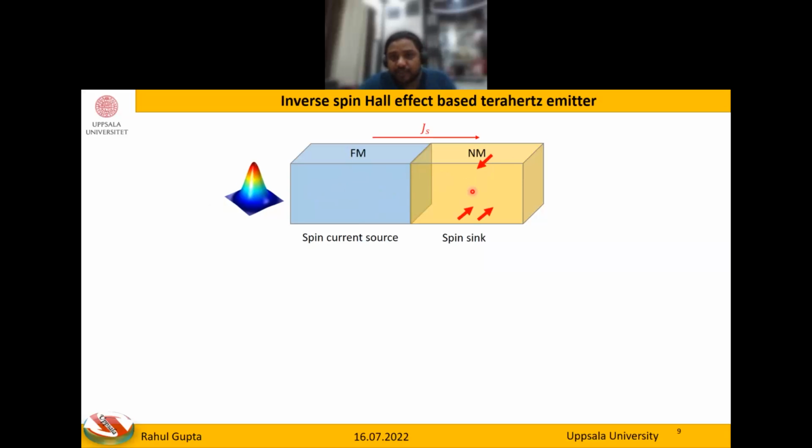Because of the spin-orbit coupling of the non-magnetic layer, it will convert into a charge current, and that charge current will be an oscillating charge current because we have an incident oscillating pulse. Because of these accelerating and decelerating charged particles, one would get radiation in the terahertz region.